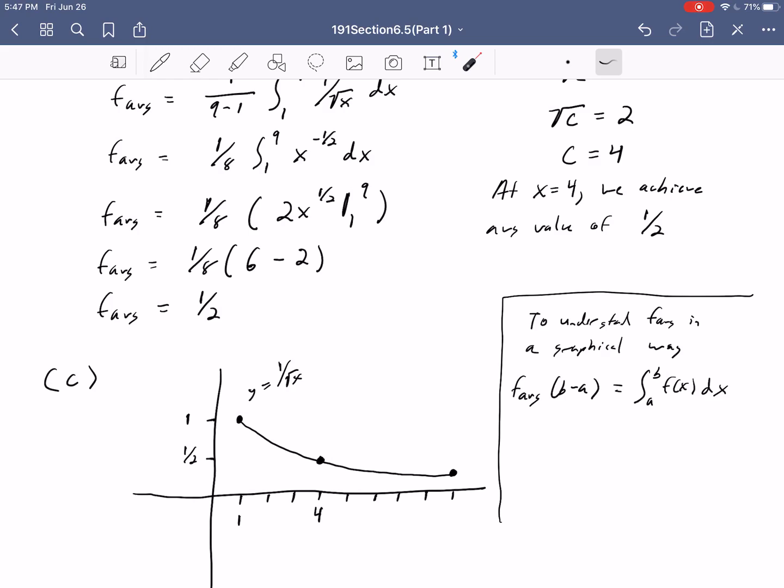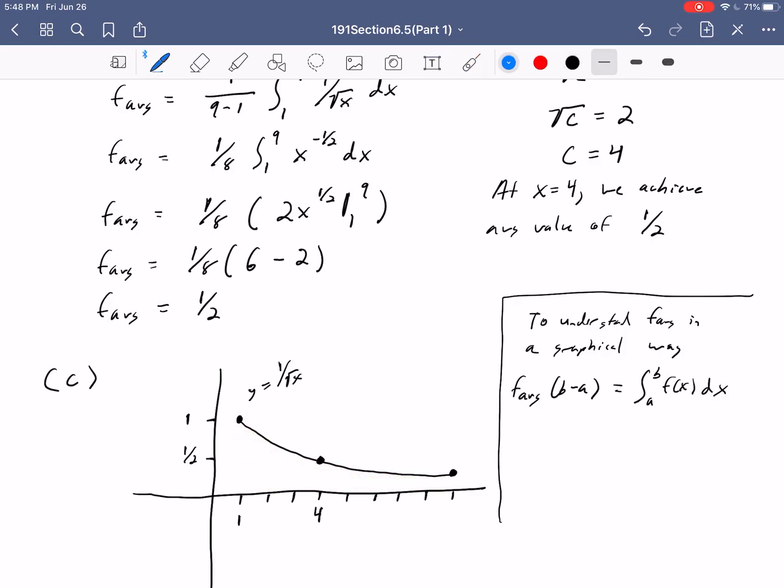So if you were to build a rectangle that has a height of f average on the same interval, that would have the same area. If you imagine drawing in a rectangle with this height at f average, then this area in here is equivalent to the area under the overall curve.